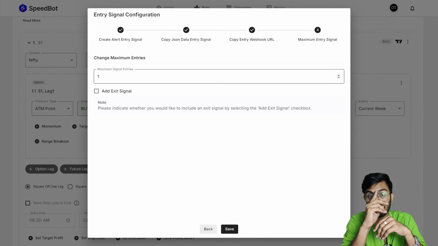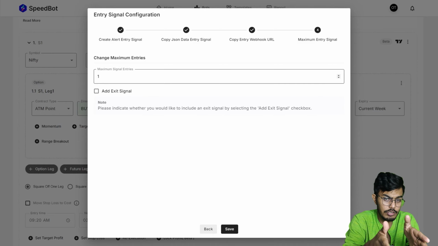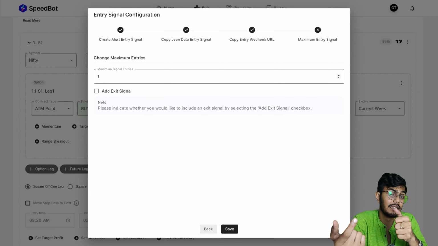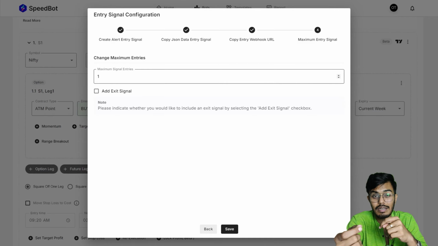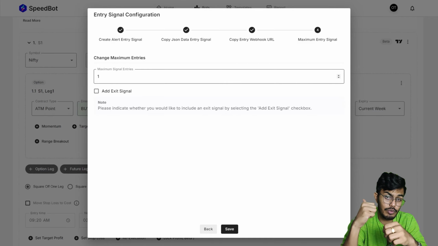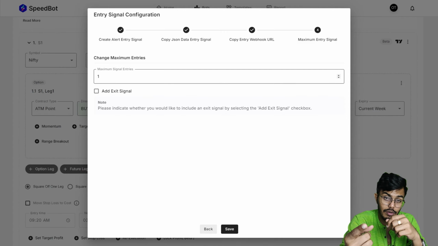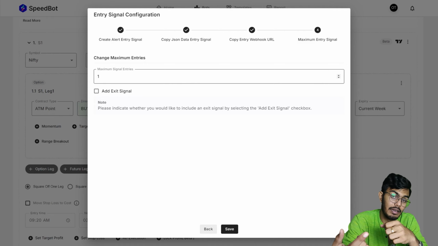Let's say I have taken a position and again a buy condition is triggered, at the time when my original buy position was open. So whether I would like to omit that signal or take the buy entry again, that is up to me.